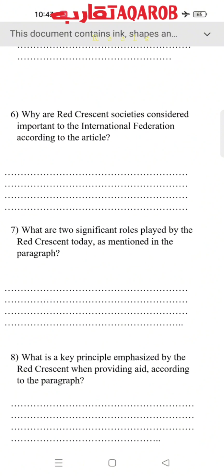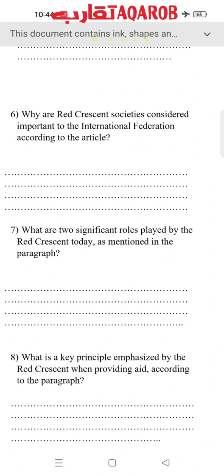Question number 7. What are 2 significant roles played by the Red Crescent today, as mentioned in the article?